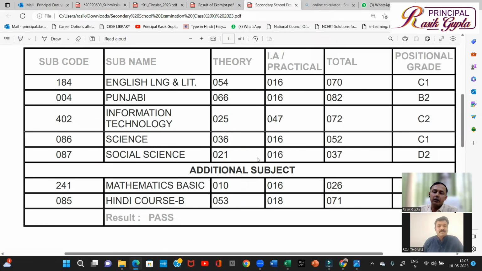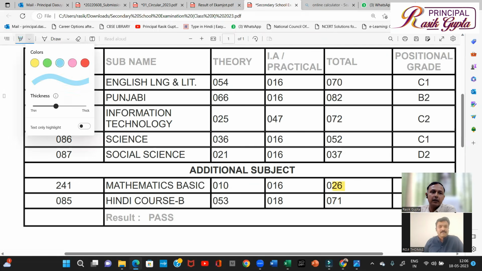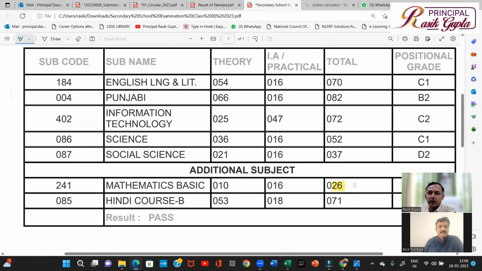We'll discuss an example. In this example, it can be clearly seen that the student could not qualify in mathematics. The student has scored 26 marks in mathematics. So mathematics has come down in the list of additional subjects.